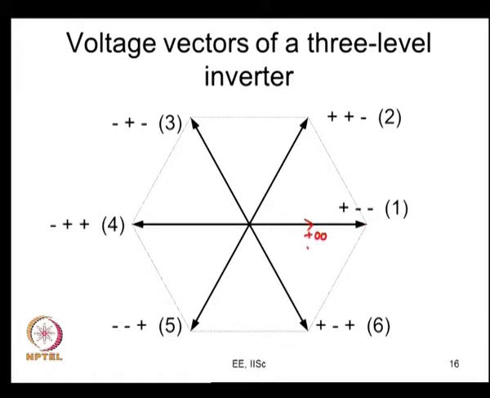So, plus 0 0 and 0 minus minus produce the same set of 3 phase line to line voltages. So, their output is like this now. Then let me consider the set plus plus 0 and 0 0 minus. So, they will produce a vector half the magnitude like this, and again here 0 plus 0 then minus 0 minus, and once again I have here minus 0 0.